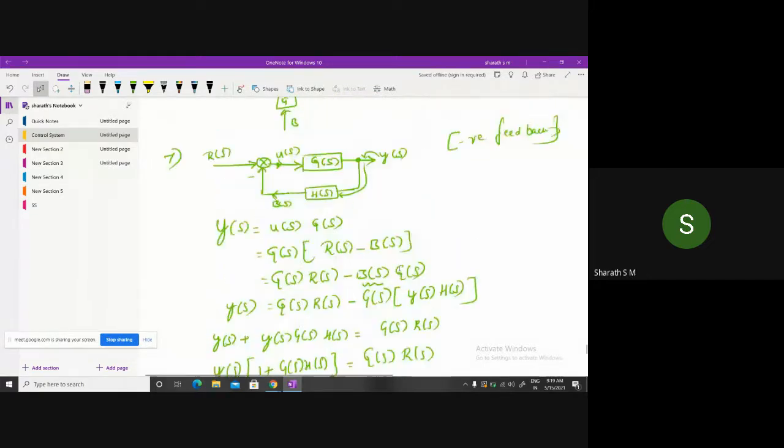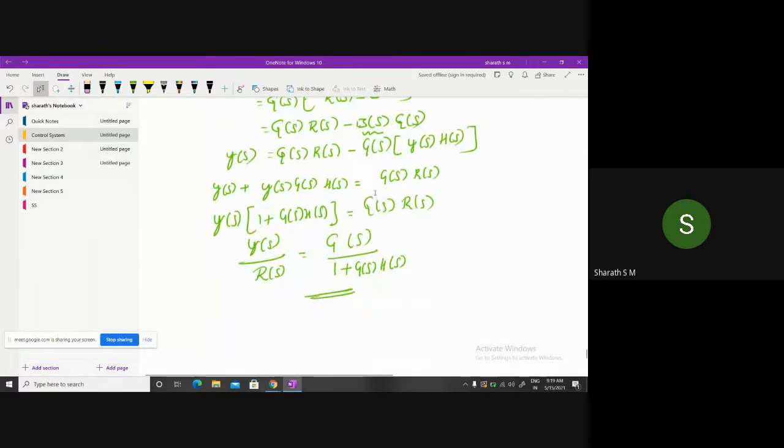So if we have a block in this manner with a negative feedback, then directly that can be reduced into a single block. In that single block, our output equation should be G divided by 1 plus GH. This is for a negative feedback.